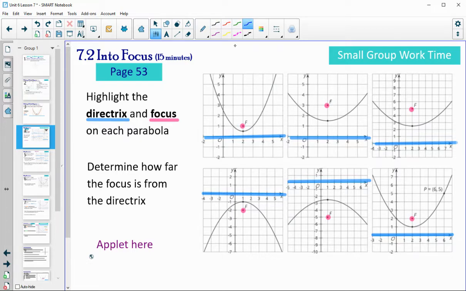So if you take a look here, let's just come up with the distance. Here's the focus up here at y equals 1. And then the directrix is at y equals 0. So this distance here is 1. The distance here, we're at a height of 3 to 0. So the distance here is 3.